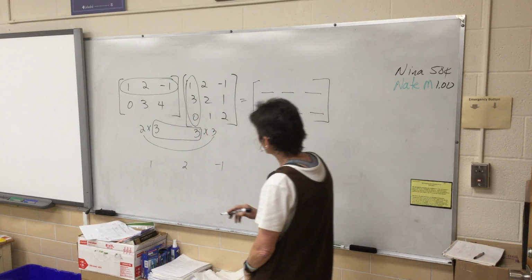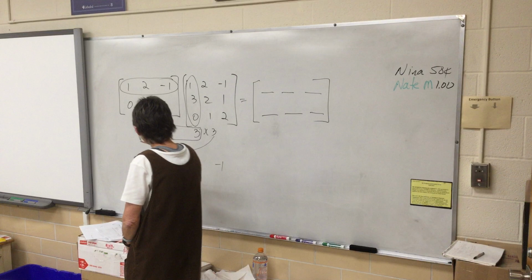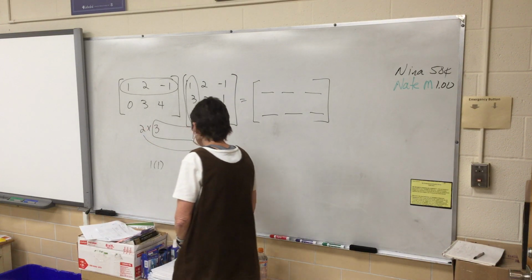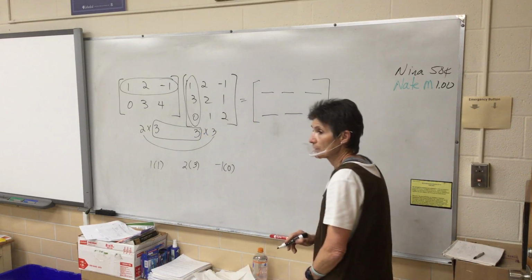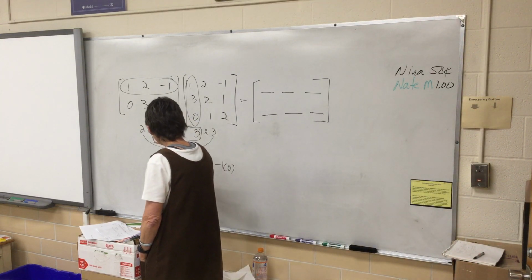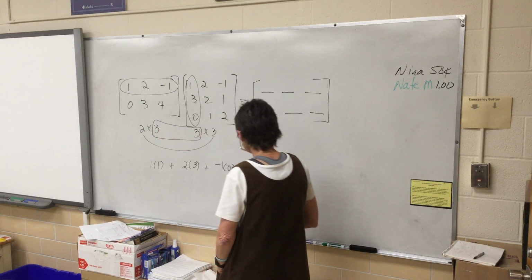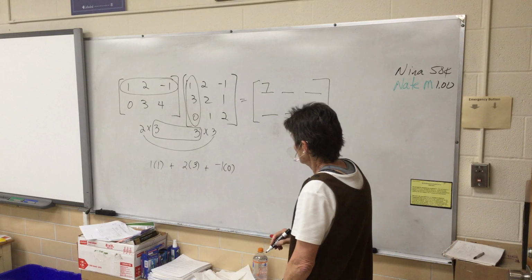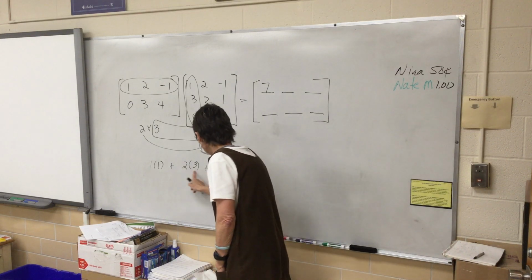And I am going to multiply it by my first column, which is 1, 3, 0. And then I'll multiply each of those pairs and add them up. So 1 and 6, so that looks like it's going to be 7. Because it's 1 plus 6 plus 0.